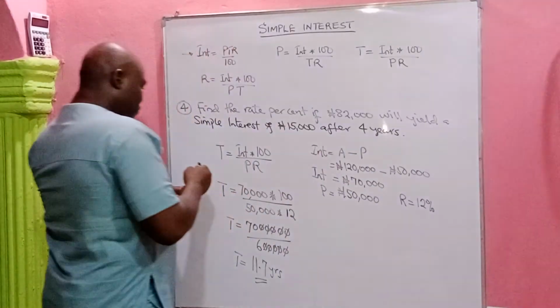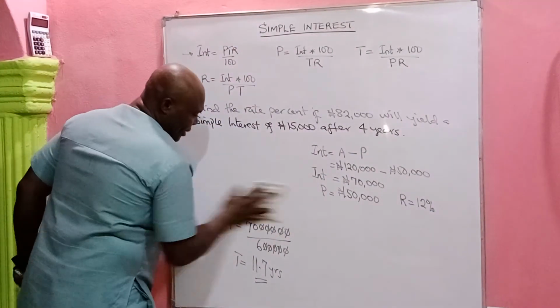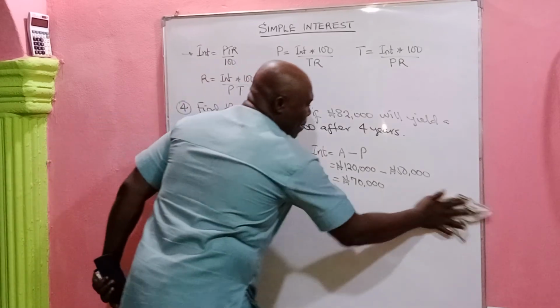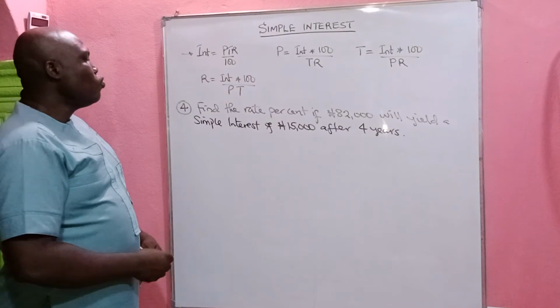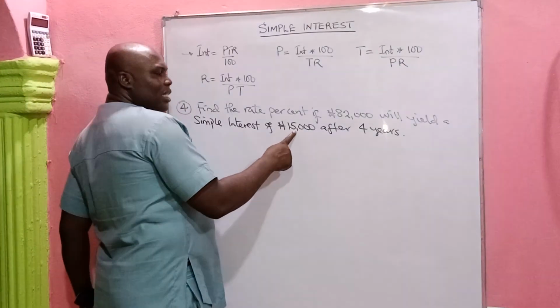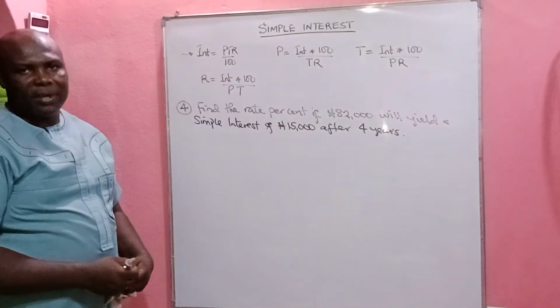So what we want to find here in this scenario is the rate percent. What rate percent applicable in a simple interest situation will give us a simple interest of 15,000 naira for a principal sum of 82,000 naira that was invested for 4 years.